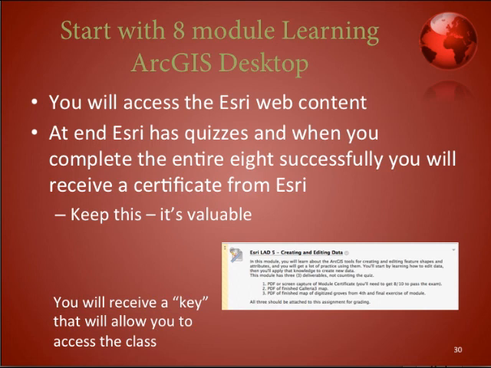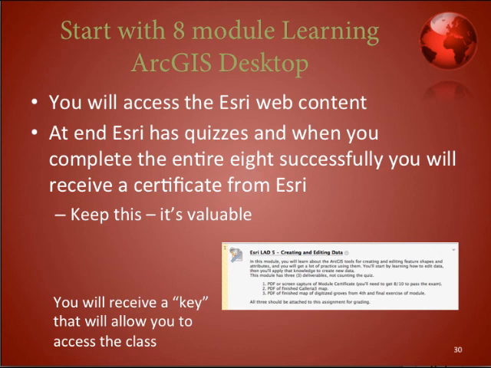There you will create your own login. You only do this once. It need not be your U of A login. It's up to you to define it. And you will then enter the appropriate key code that we've provided you. This is a complicated, 20-digit and character sequence. You will then be entered into the Learning ArcGIS Desktop class.